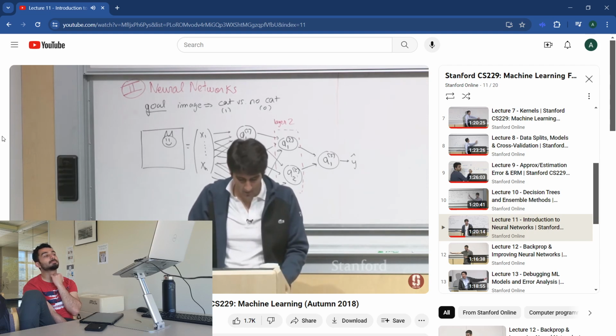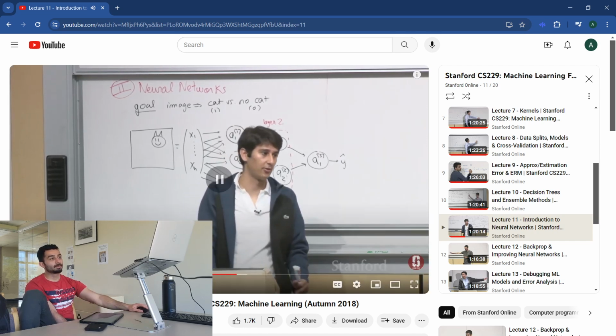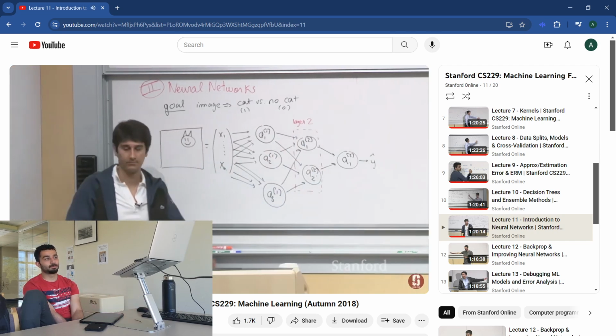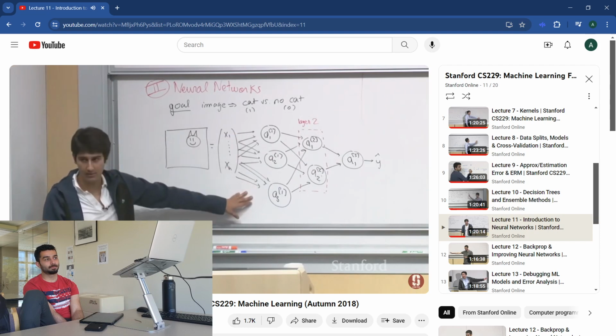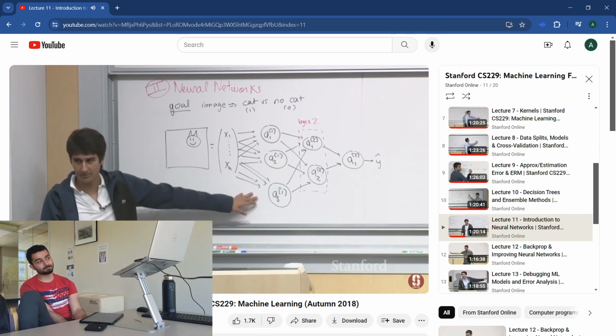So how many parameters does this network have? Can someone quickly give me the thought? Like 3n plus 3, let's say.